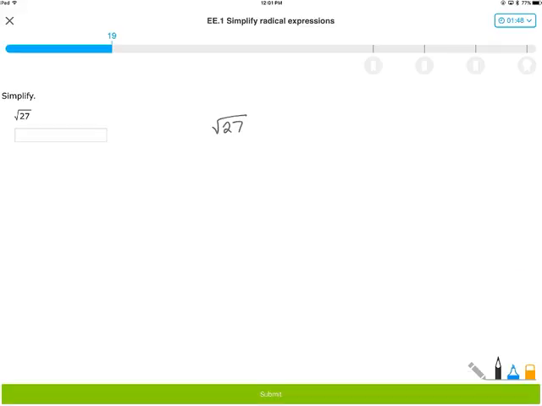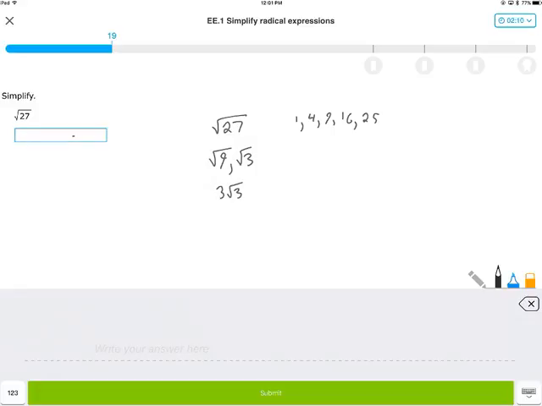I could try my perfect squares. So 1, 4, 9, 16, 25. I could go down the list here. But I do notice that 9 goes into this. So square root of 9 times, oh, I don't know why I put a comma there, times square root of 3. So that's 3 root 3. So let me go ahead and enter that.